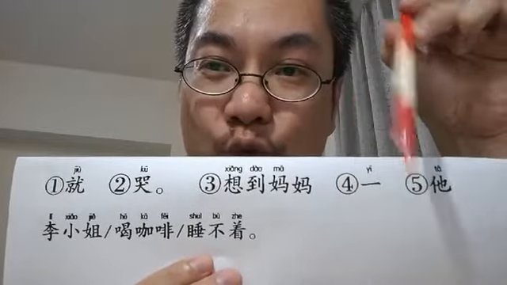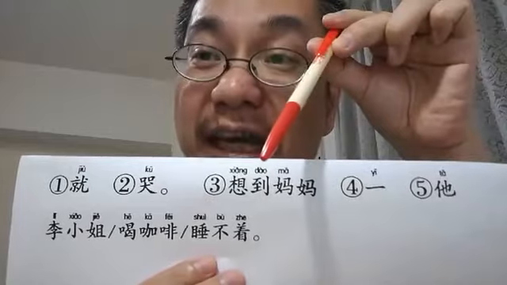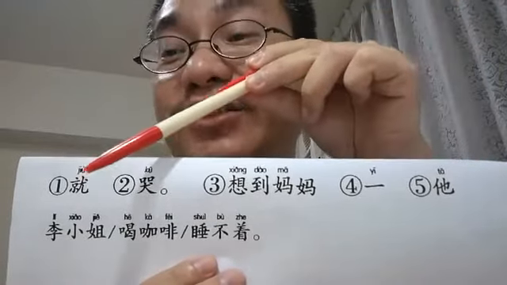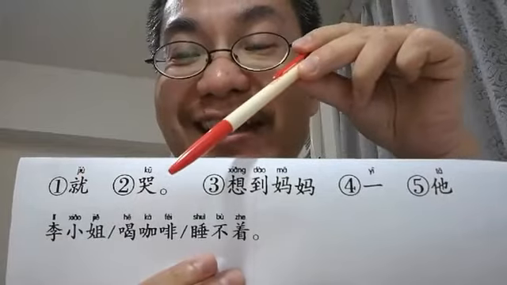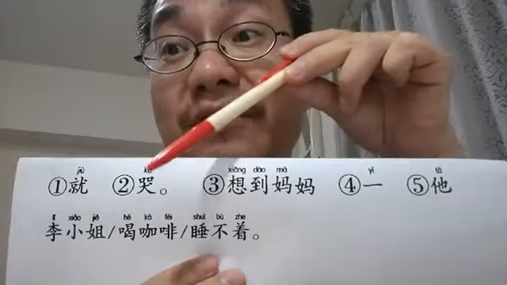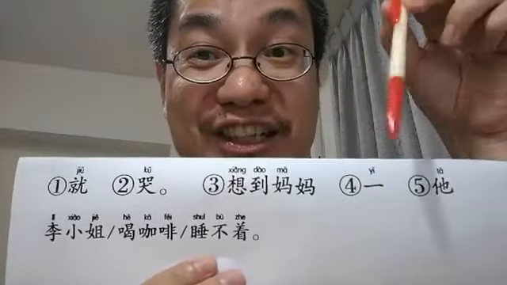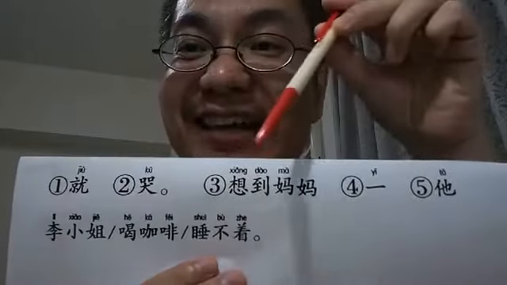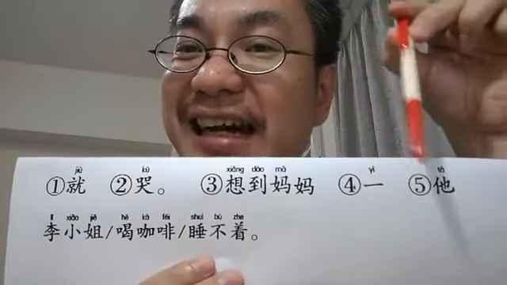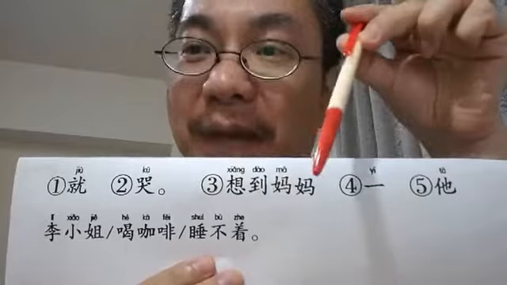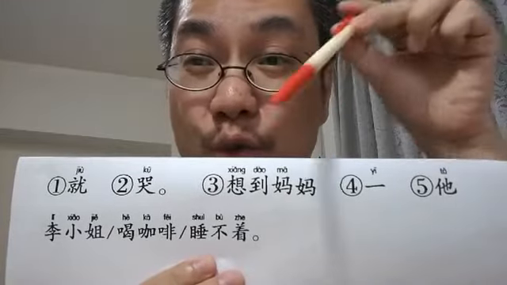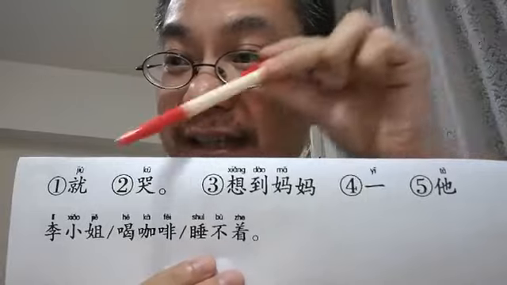And then plus 就, which means then. 哭 means to cry, and it is verb 2. So the answer is 他一想到妈妈就哭. So the answer is 5 4 3 2.